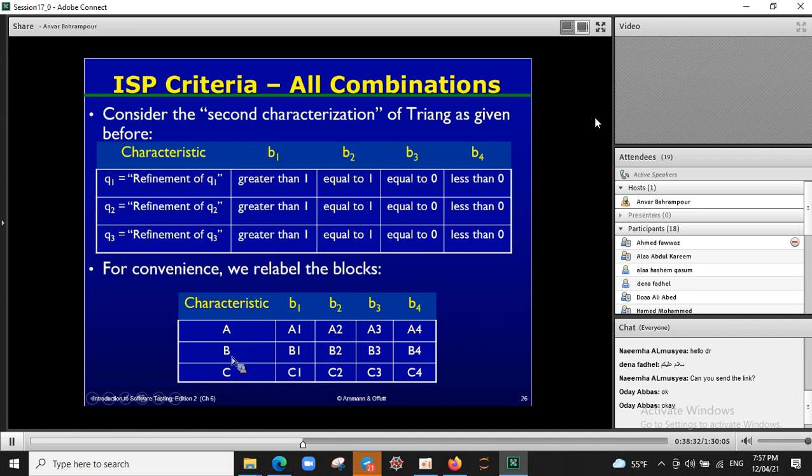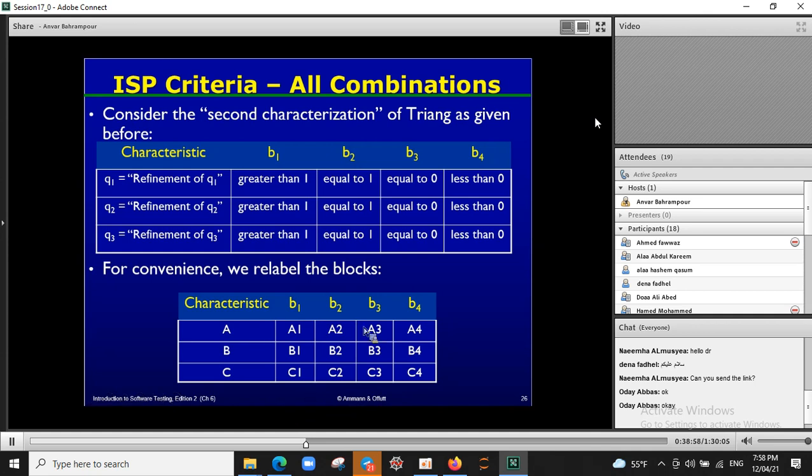And this is the same for the second and third characteristics. For side B, we could use any value of block B1, B2, B3, and B4 as labeled by these labels.